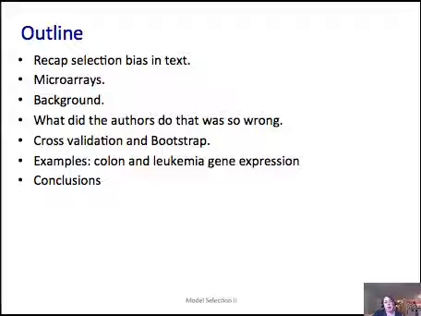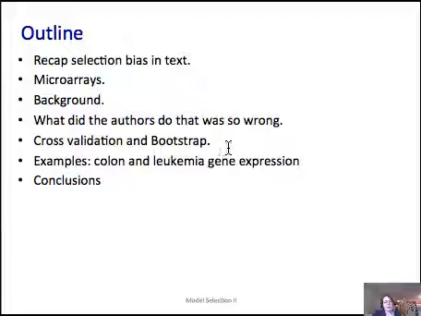I'm going to talk about microarrays, the technology under investigation. I'm going to talk about what the authors did that was so wrong. Incidentally, they did exactly what we talked about in the text, only it was much more severe.